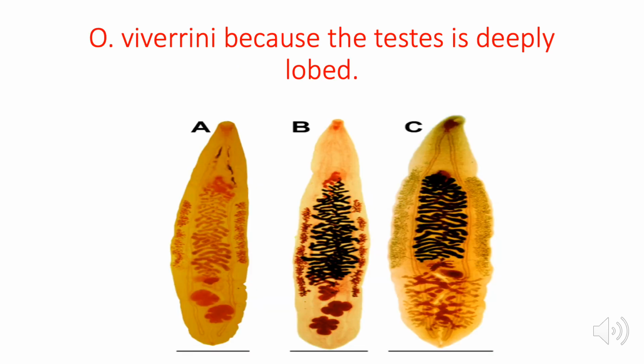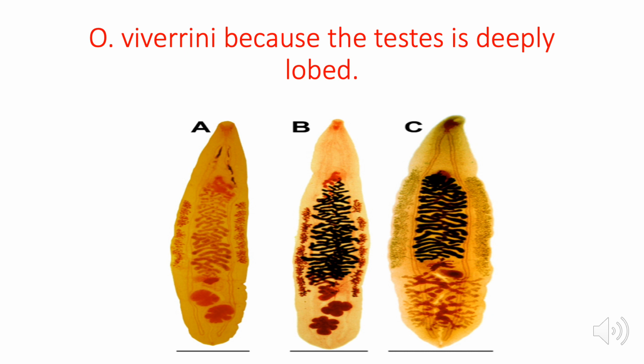Let's try to identify the following worms. All of them have vitellaria situated only in the middle one-third of their bodies. So these worms could either be Clonorchis or Opisthorchis. Check worm C. It has a dendritic or branched testis. So that is Clonorchis sinensis.